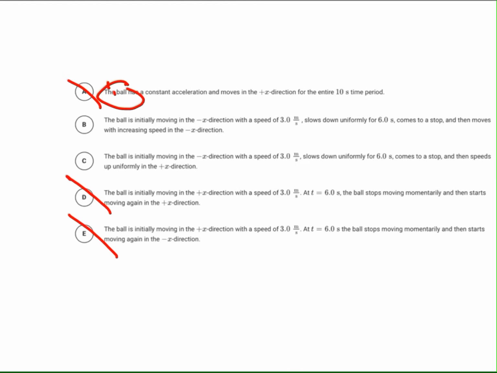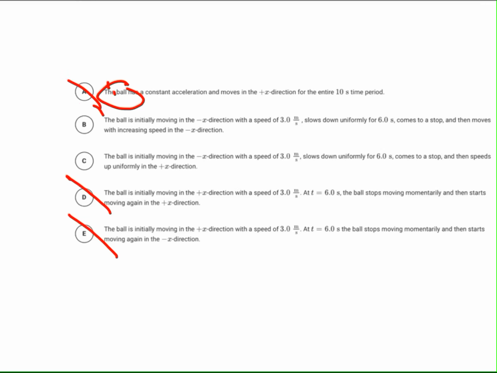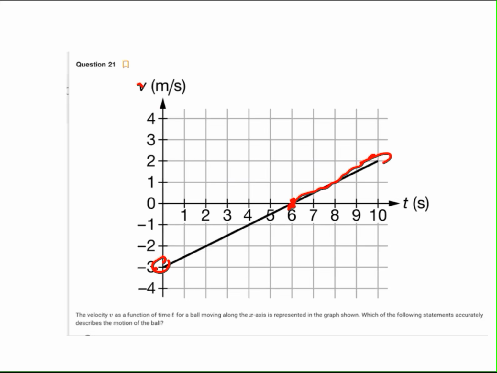That is not true, because if we look at the graph, it's moving. The simple answer is it's going to be this one, because it's moving in the negative direction at 3 meters per second. 6 goes, because remember, this is a velocity versus time graph.